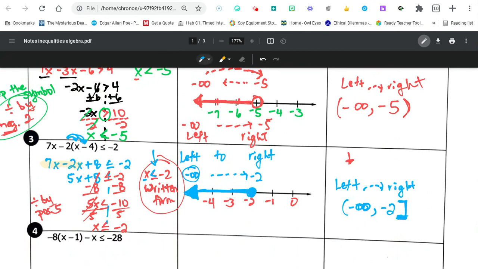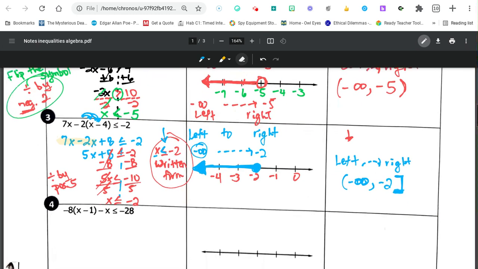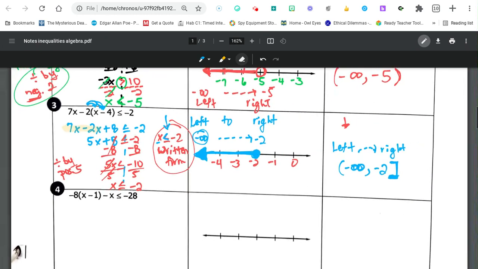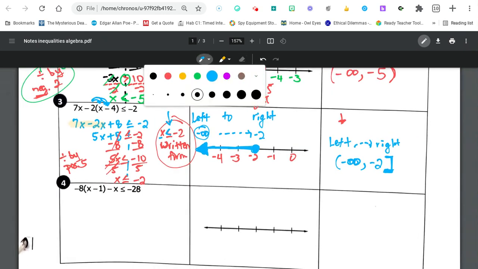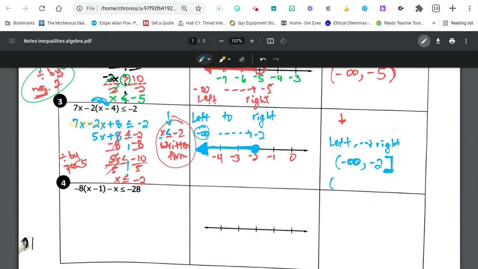The only time you would use this bracket turned this way is if -2 was on the left and it was approaching something like positive infinity on the right. Then you could open it this way, because -2 would be on the left, and you would have to open it going to the right to indicate that it keeps going towards some other number. Just know that anything on the left will either be a parentheses or a bracket that opens that way.